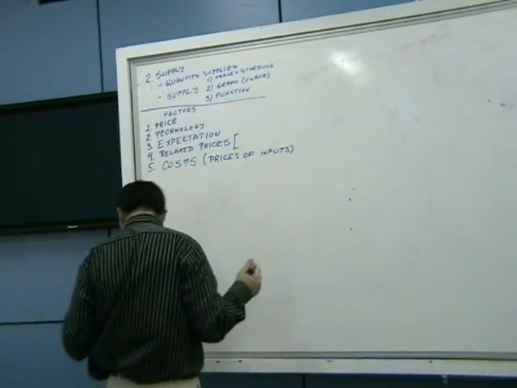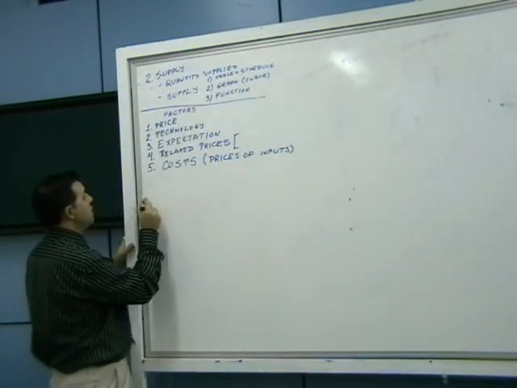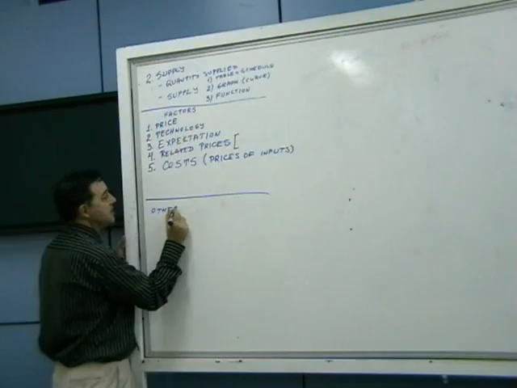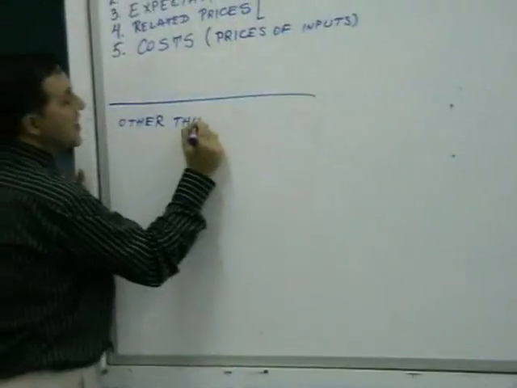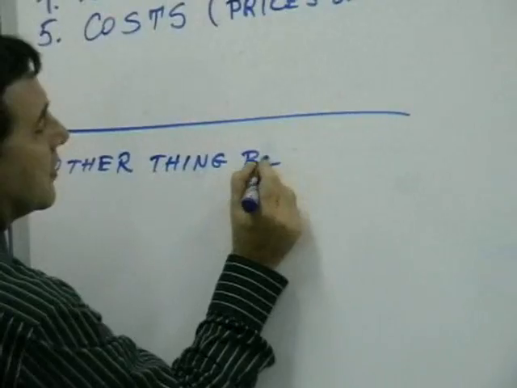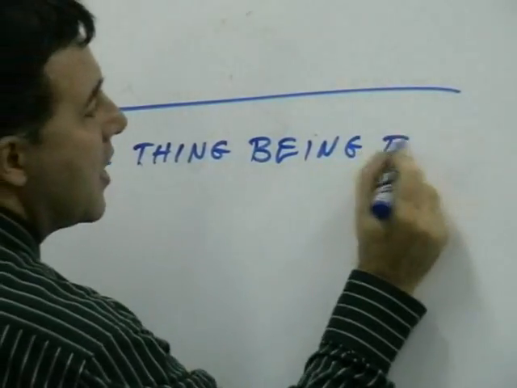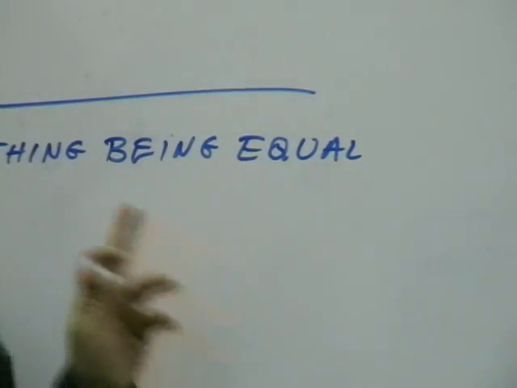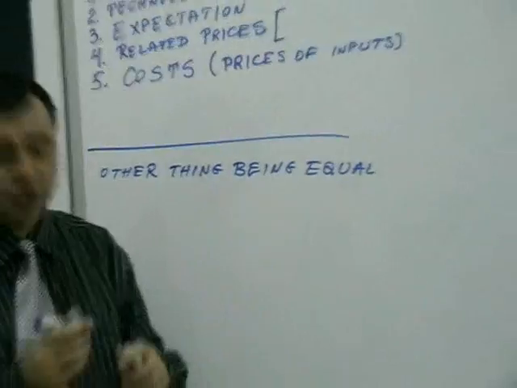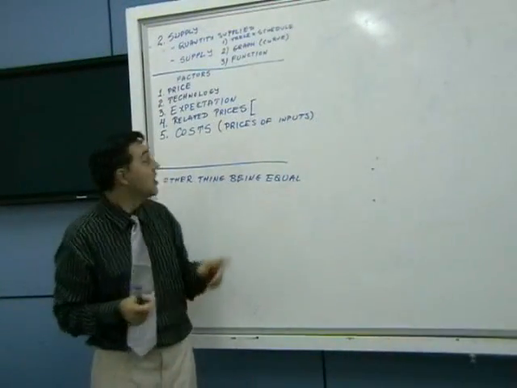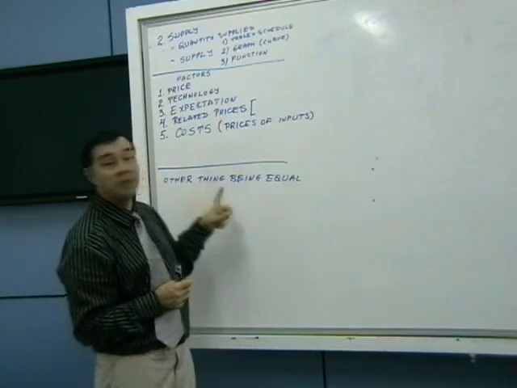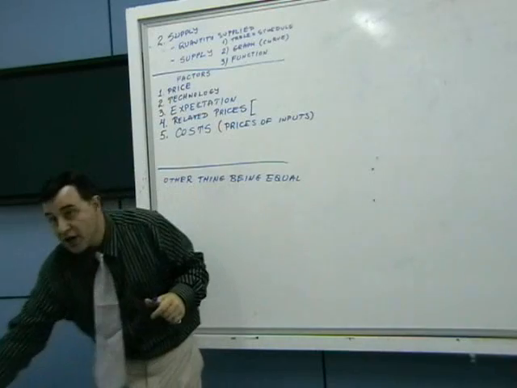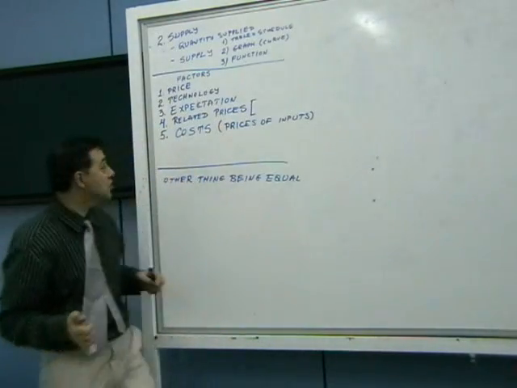Now, before I'm done here with the factors, I used this basic concept of other things being equal, which is effectively one of the most common assumptions in economics. This means other things remaining the same, meaning all the other factors did not change. In economics, it has a very special name.